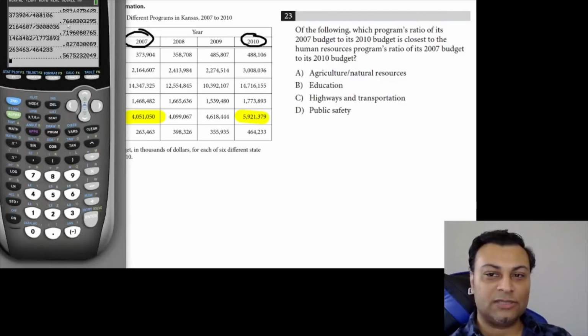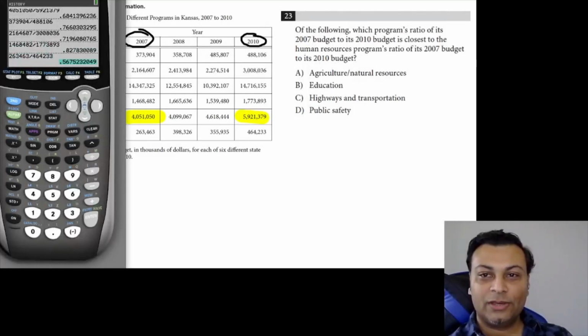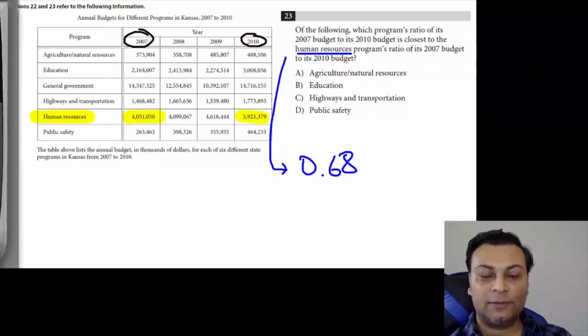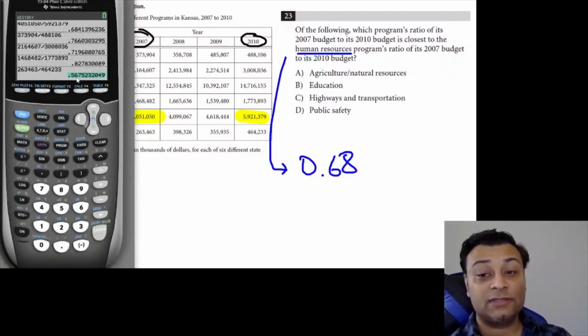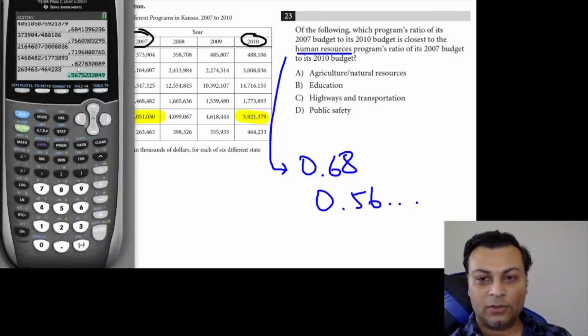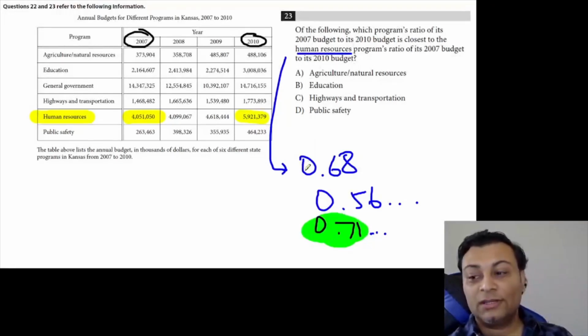We know it's not the large ones, the 0.766 and the 0.827. The human resources value of 0.68 was our original, and the two closest are 0.56 and 0.71. 0.71 is closer to 0.68 than 0.56 is.